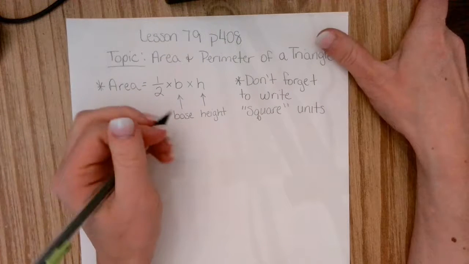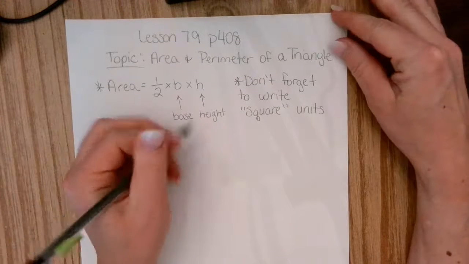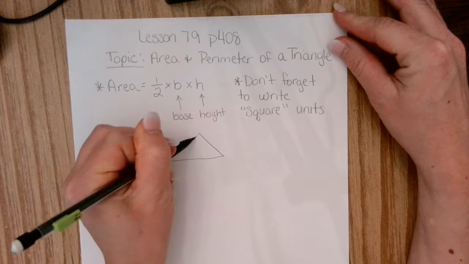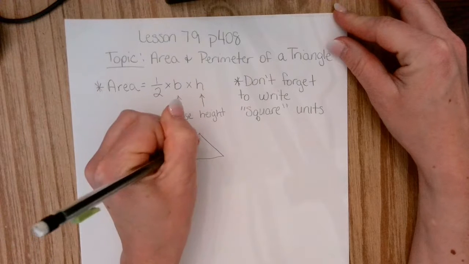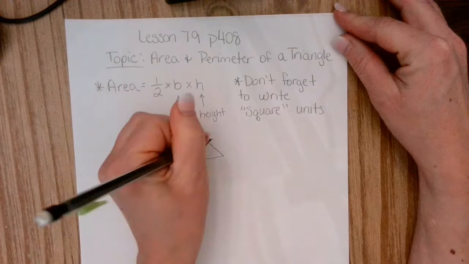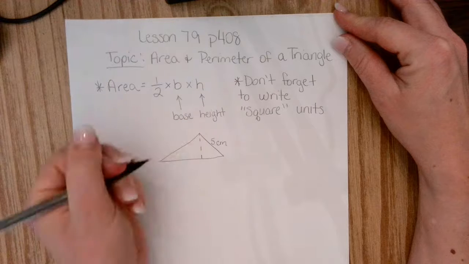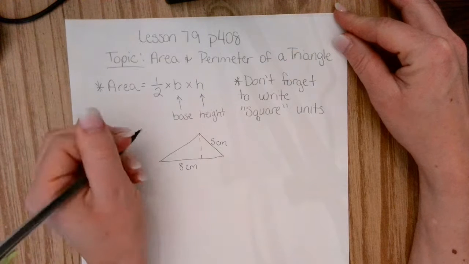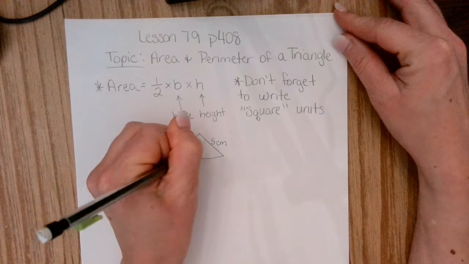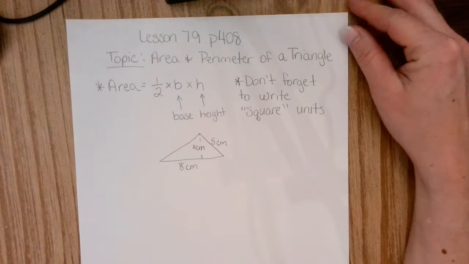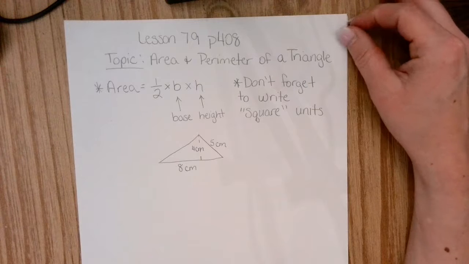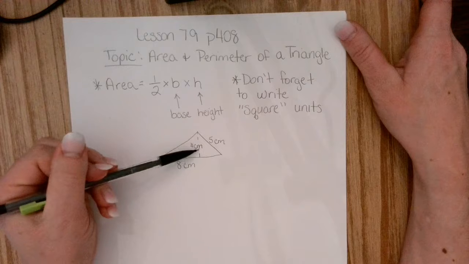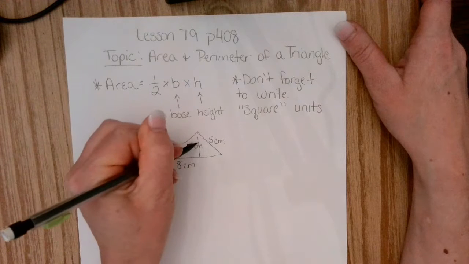So let's just do an example for area before we go to perimeter. Okay, so let's just pretend that we have a picture like this, and if you remember from the parallelogram lesson, the dotted line is always going to represent the height.